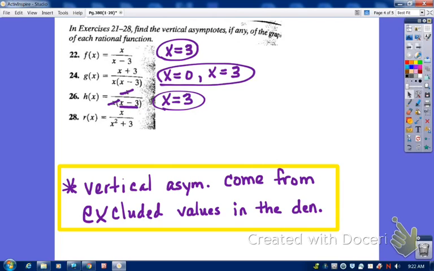There's no excluded values when you have x squared plus a number. There's nothing that you can square and add to 3 that gives you 0. So that's why the directions say find the vertical asymptotes if any. And there are none for number 28.